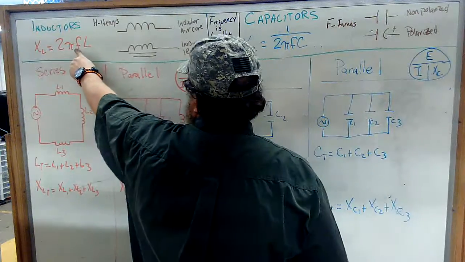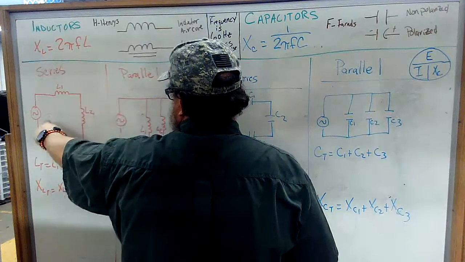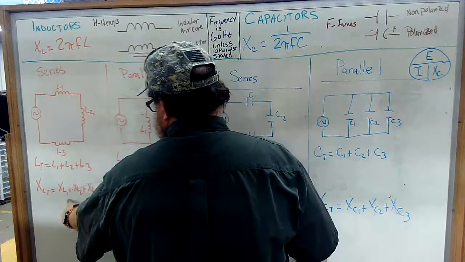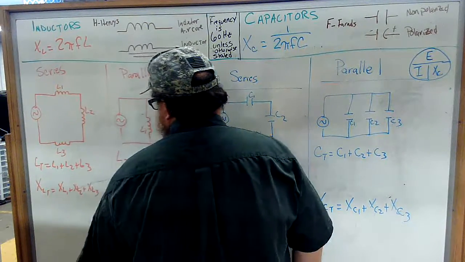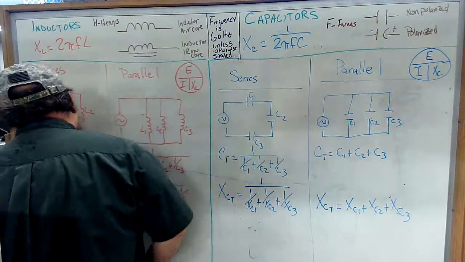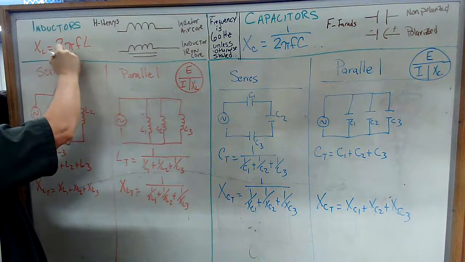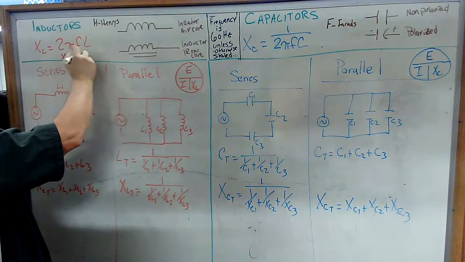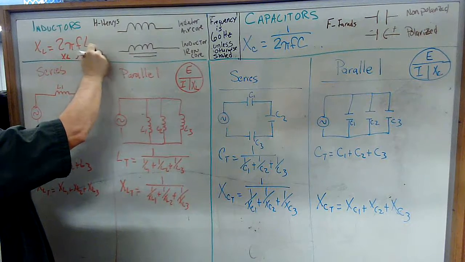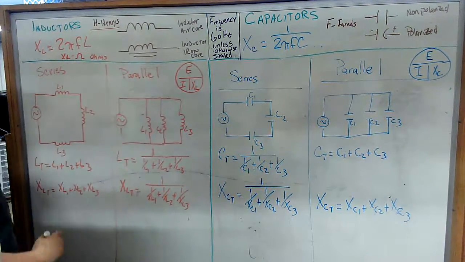And you will use the inductive reactance formula, using the inductance, to find the values in these areas. The unit of measurement for XL is ohms. So XL is in ohms, L is in henries.